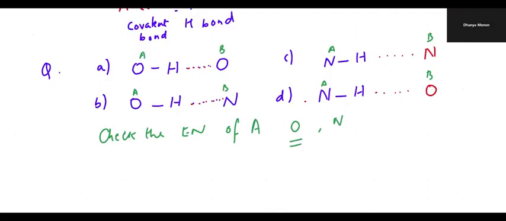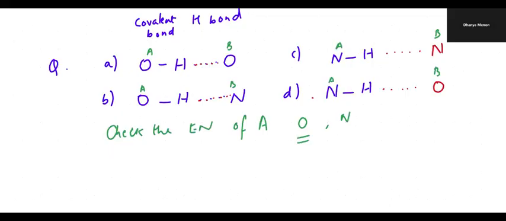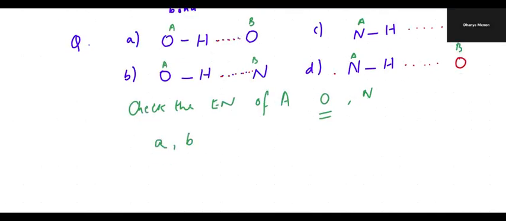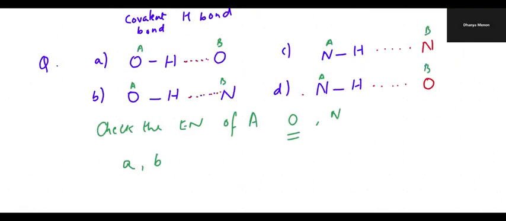I'm just checking the A atom, I'm not checking the B atom. In A and B, the A atom is oxygen, which is highly electronegative. So I'm ruling out C and D for now. Now, among A and B, which one has a stronger hydrogen bond?